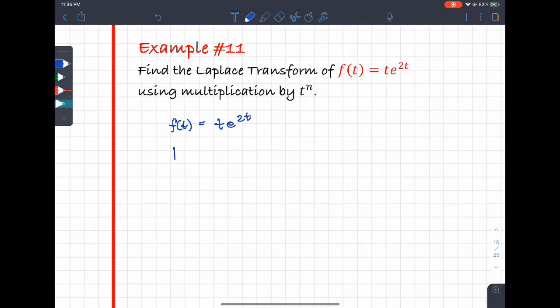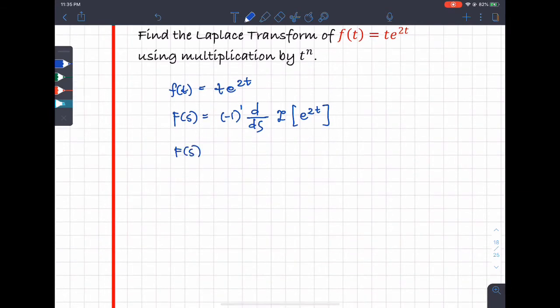Our formula is negative 1 raised to n, so our n is 1, and then the first derivative, with respect to s, of the Laplace transform of e raised to 2t, which is 1 over s minus 2.